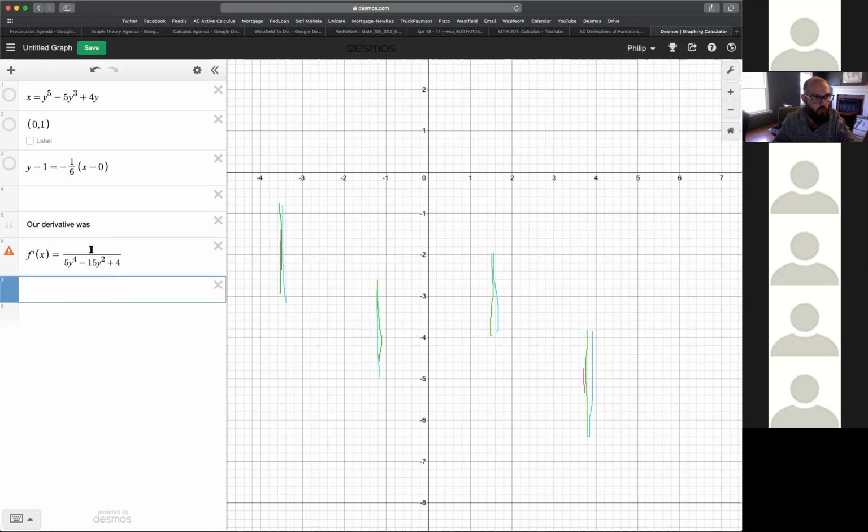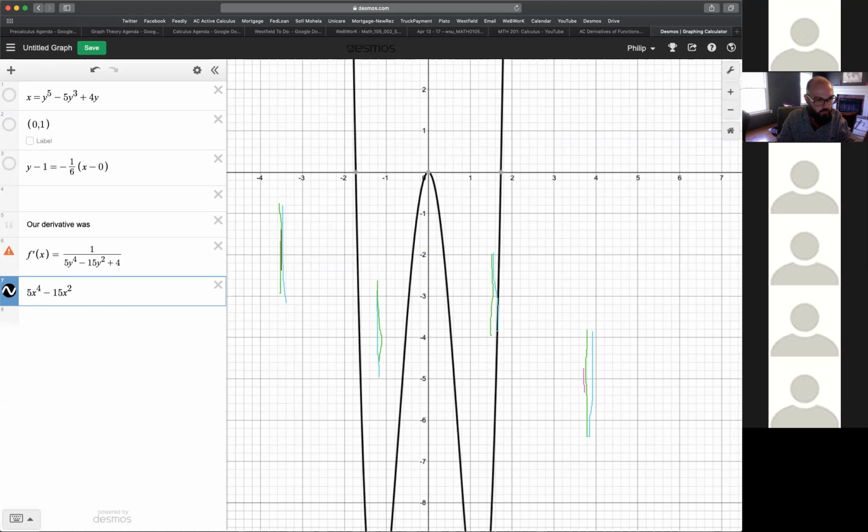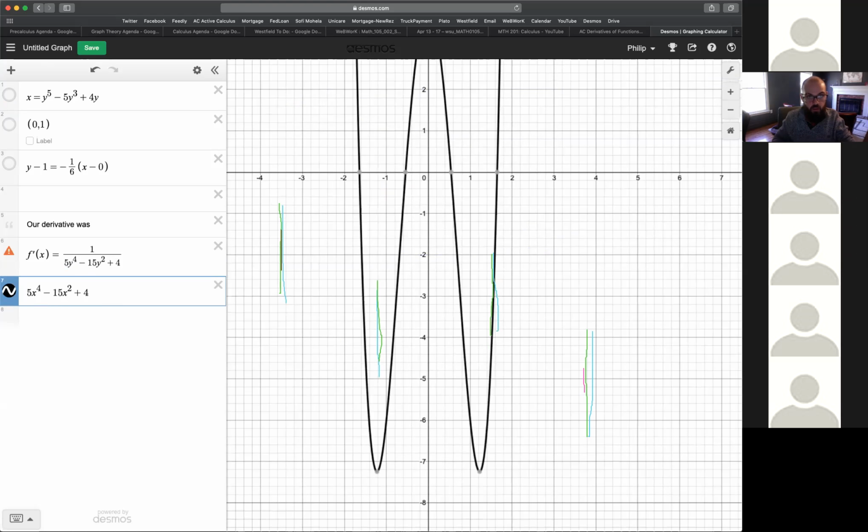And so one sort of clever thing that we could do is, well, maybe we graph that. We could find our zeros, right? So these values right here are the zeros of our denominator. So positive and negative 1.644, positive and negative 0.544 are our values, okay?